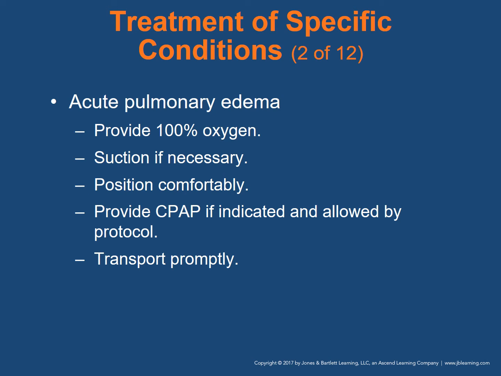So, the only difference between pulmonary edema and the infection is the potential to use CPAP and suction. But if we can't use CPAP because they don't meet all the indications, then I am going to suction, give oxygen, put them in the position of comfort, and transport.